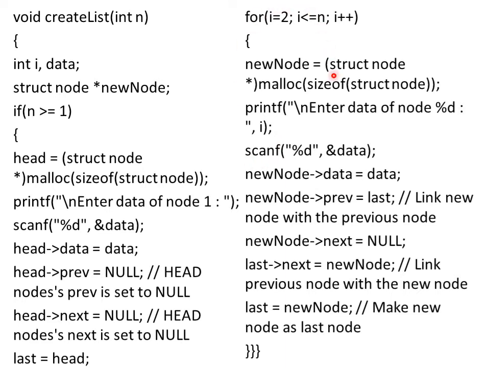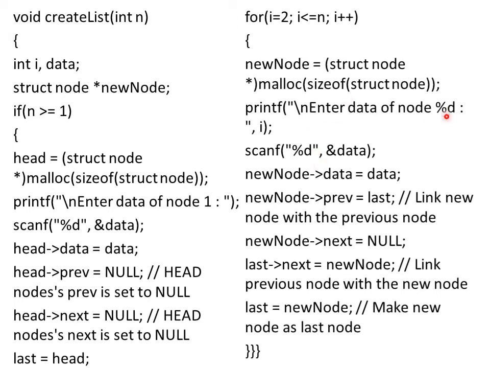Then I am entering into a loop with i equals 2, because one node is already created. The next node should start with the second node. For that reason I am taking i equals 2. Then i is less than or equal to n nodes, and then I increment. For creating n nodes we need memory. For that reason I am using dynamic memory, that is malloc, and a new node is created.